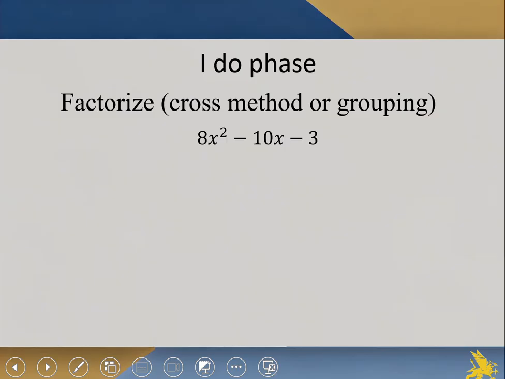Okay, so there are two methods you can use. You can use groupings, or we can use the cross method. It is entirely up to you. I'm going to start off using the cross method, and then I'm going to check it by using the groupings. Most people do prefer the use of the groupings, and that is absolutely fine.